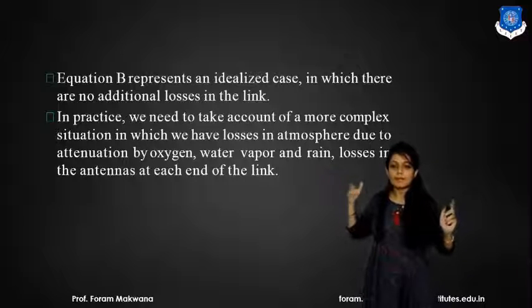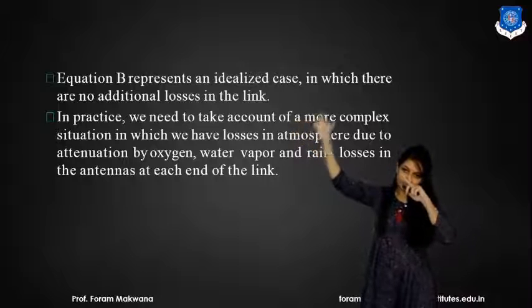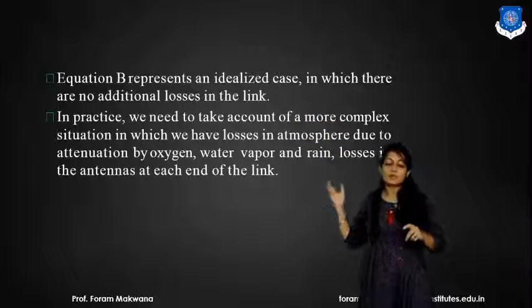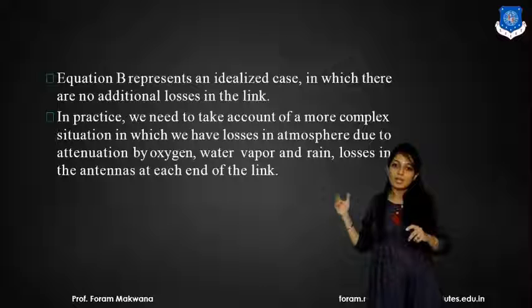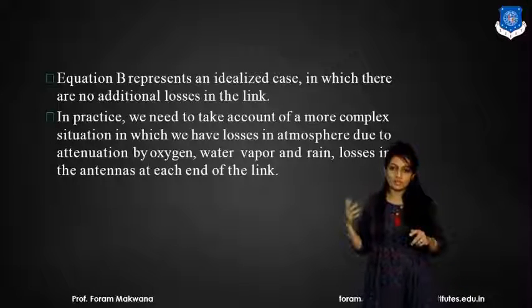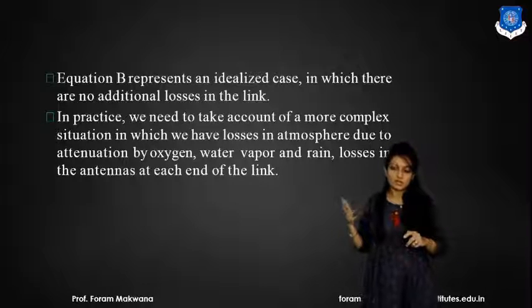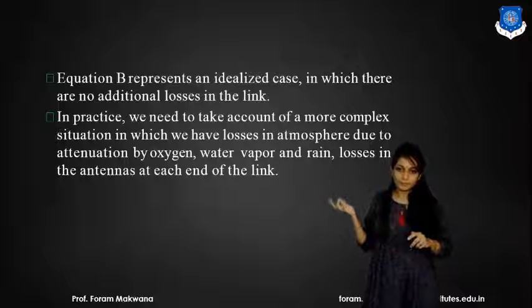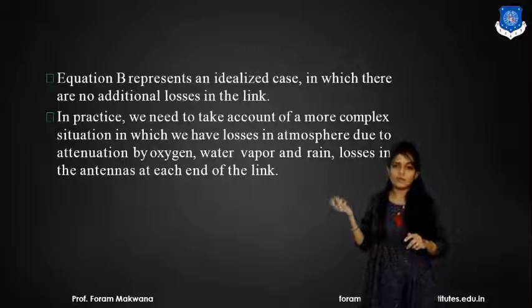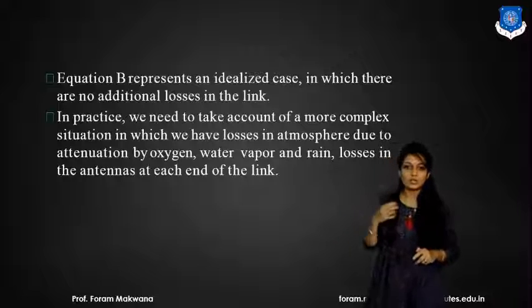In practice, we need to consider all the losses because of a more complex situation in which loss is present in the atmosphere as well, because of the attenuation by the different gases present in the atmosphere, like oxygen and water vapor content, rain, and the losses in the antenna itself at each end of the link.